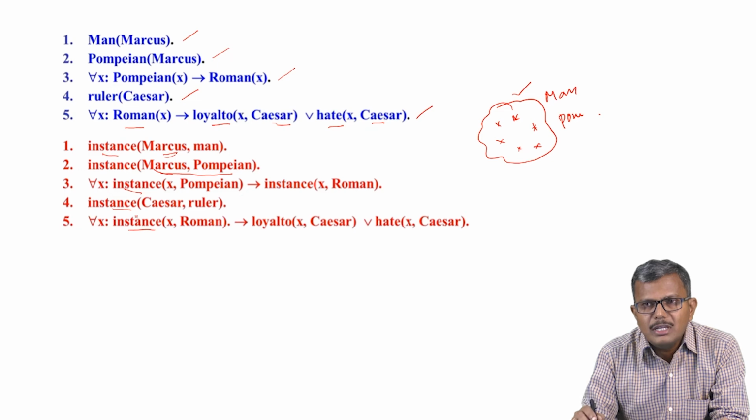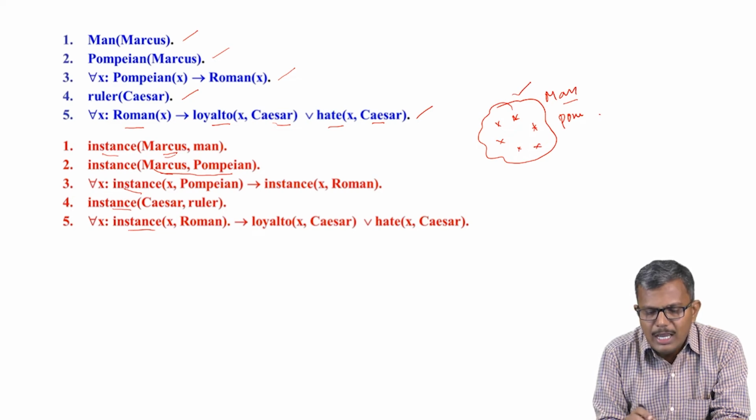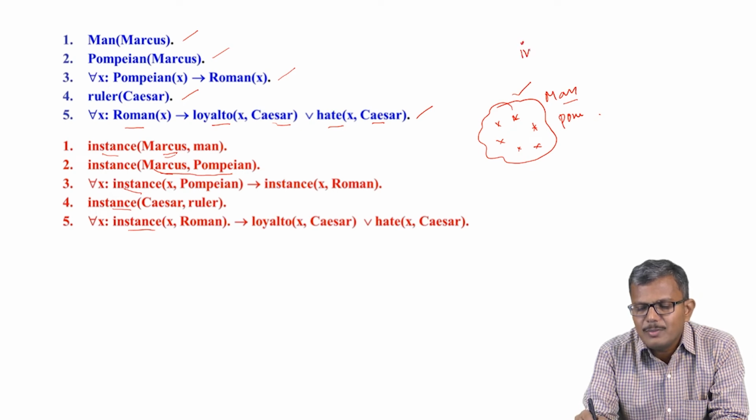Instance means it belongs to a particular world. If we are talking about a specific man, then we can say that it is an instance. In the previous example also, we represented Kohli is a cricketer, meaning among the cricketers I am talking about only one particular one. So I can represent the same sentence in this way.